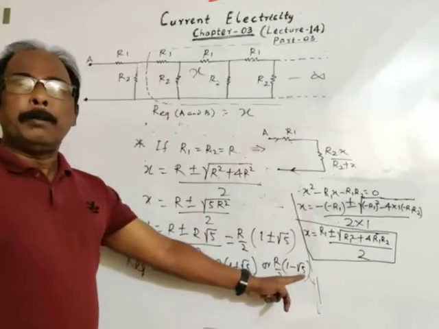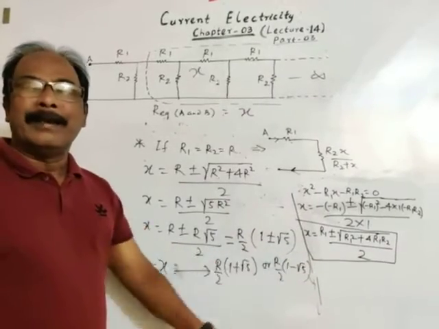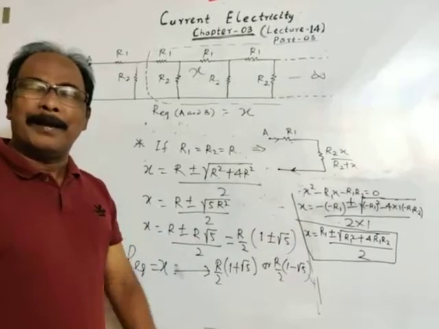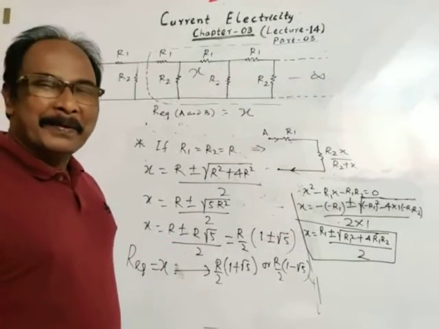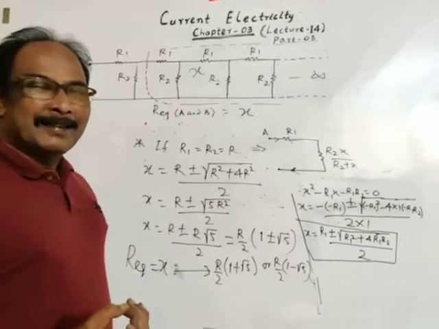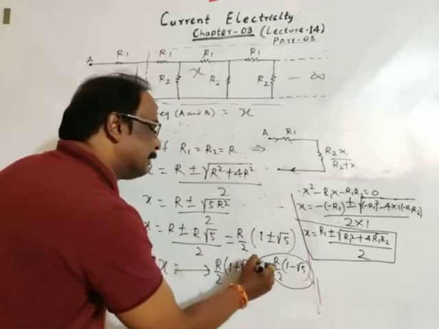Okay, but root 5 is greater than 1, so this will come in negative. Resistance is a scalar quantity, and resistance cannot be taken as negative, so this is not considered.